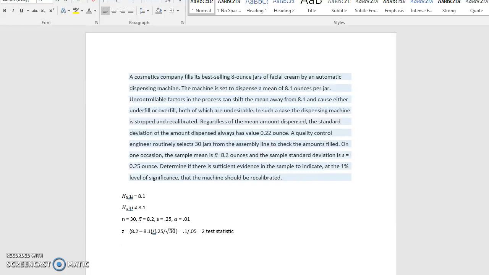All right, now, since this is a two-tailed test, and anytime our alternate hypothesis is a two-tailed test, we are going to have two rejection regions on the left and the right. So we're going to take our alpha value and divide it by 2. If we do that, it becomes alpha divided by 2, 0.01 divided by 2 is 0.005.